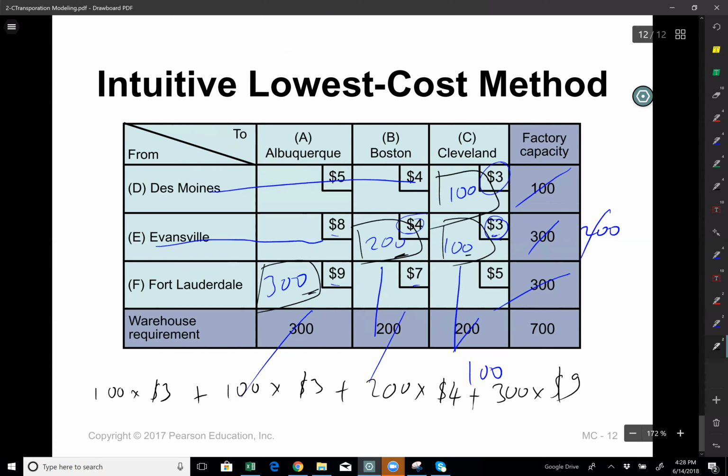And if you do the math, 2,700, 800 more, 3,500, 300 more, 3,800, and 300 more, 4,100, which is cheaper than our previous approach. But again, we cannot say this is the best solution.